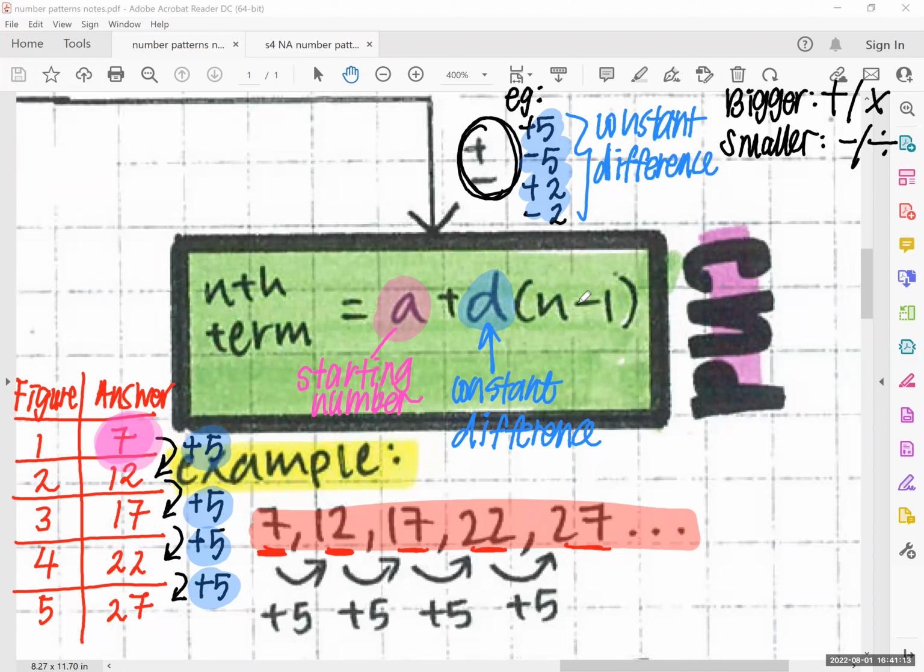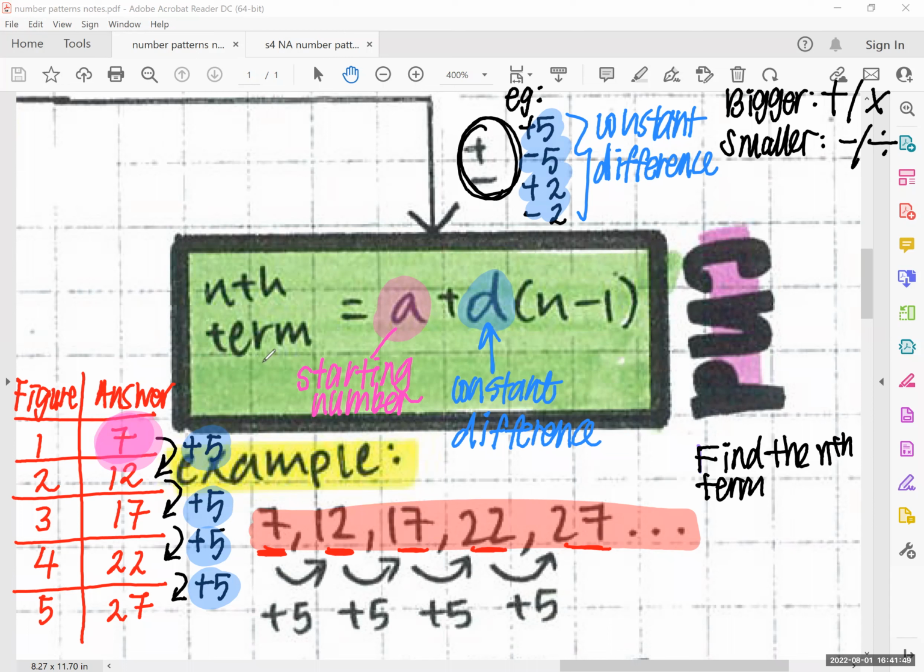Sometimes the question will ask you to find the formula or the nth term. Let's say your teacher says, find the nth term for this sequence. How to do?